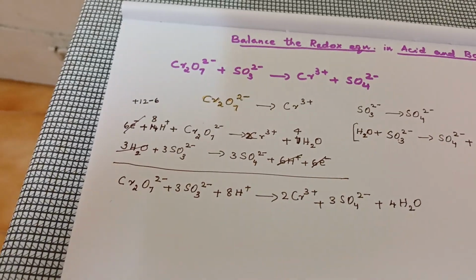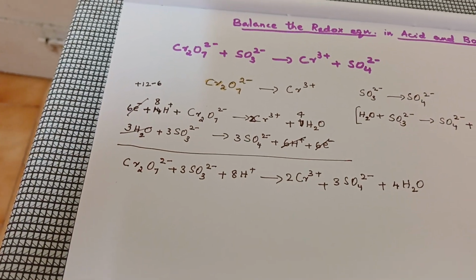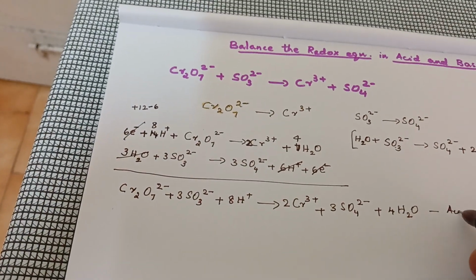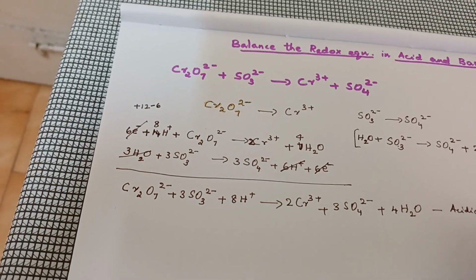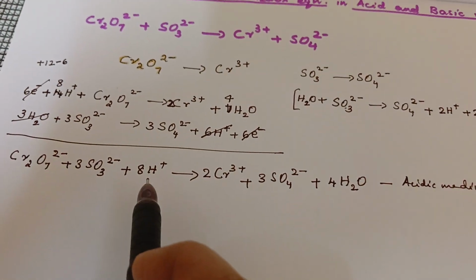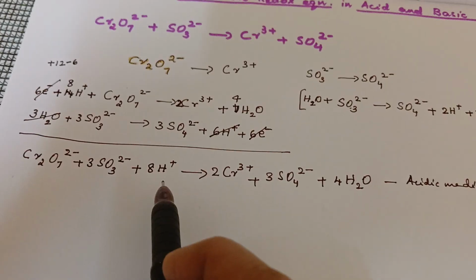So this is our balanced equation for an acidic medium, because we can see there are H plus ions in here.